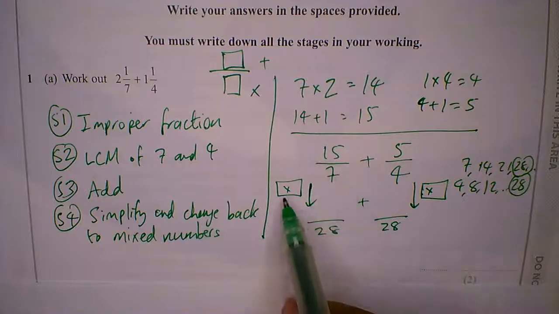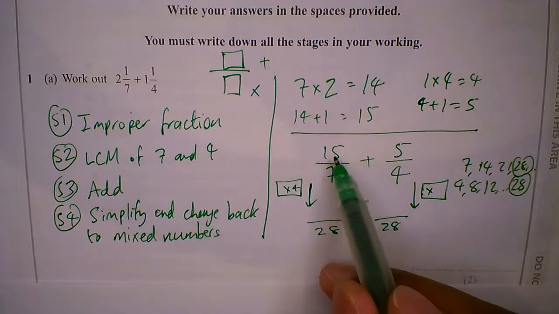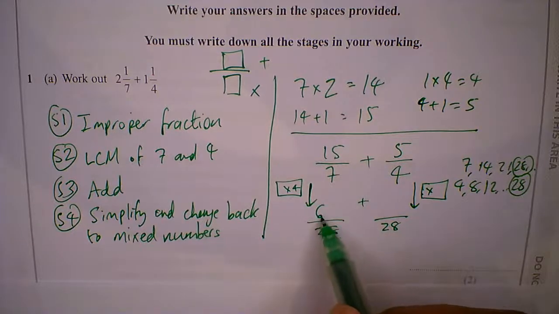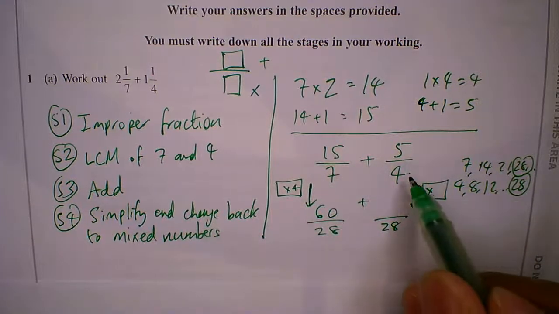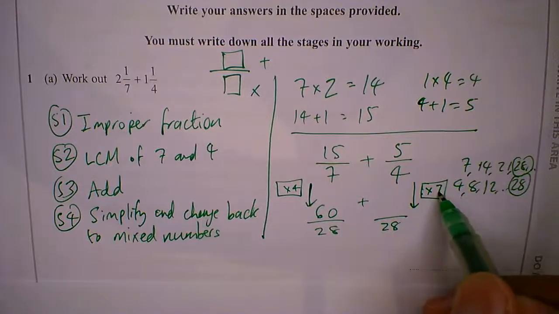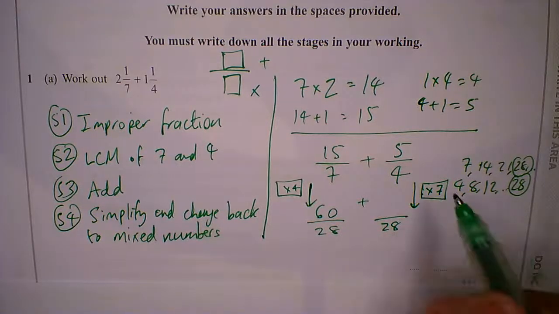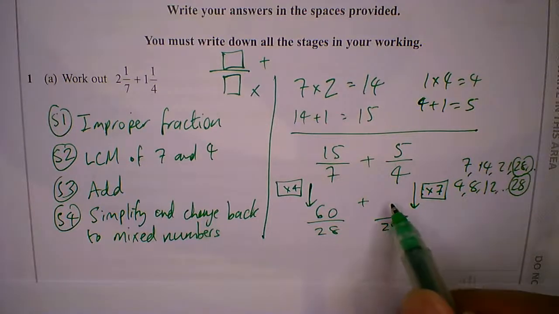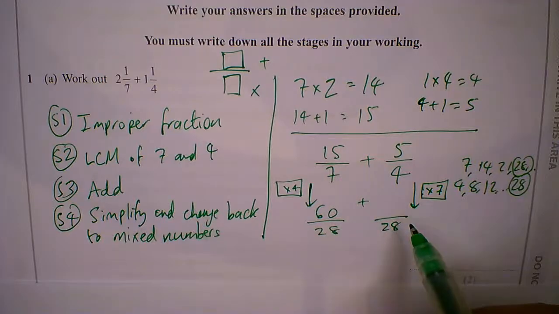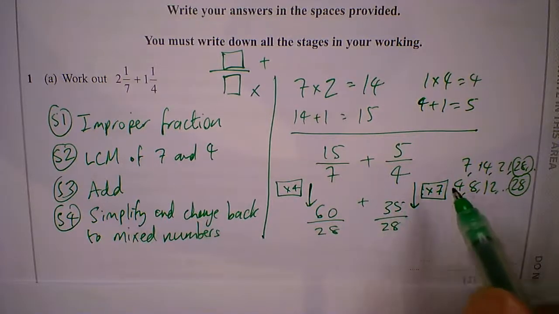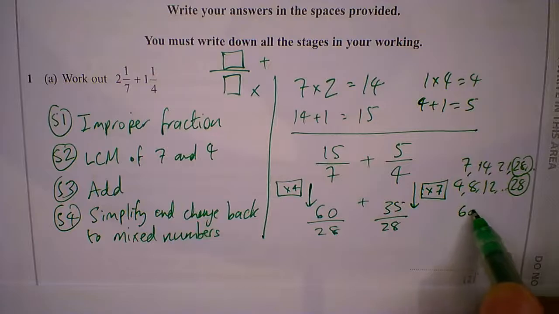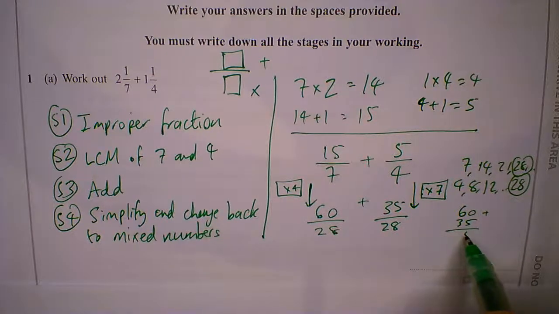This is adding, so 7 times 4 gives me 28. 15 times 4 gives me 15, 30, 45, 60. 4 times something gives me 28, so it has to be 7. 4 times 7 is 28. 5 times 7 is 35. 5, 10, 15, 20, 25, 30, 35. Okay, so now that the denominators are the same, I can add them together. So 60 plus 35 gives me 95.